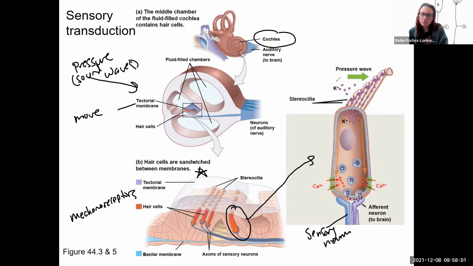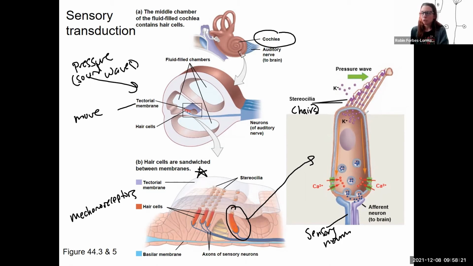So two separate cells. When that pressure wave comes by, it's going to cause these little hairs, which are called stereocilia, to bend. That's why they're called hair cells, though they look like hairs. Literally just a mechanical push them over. Stereocilia bend.